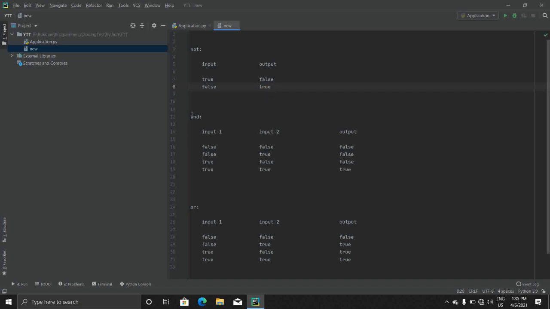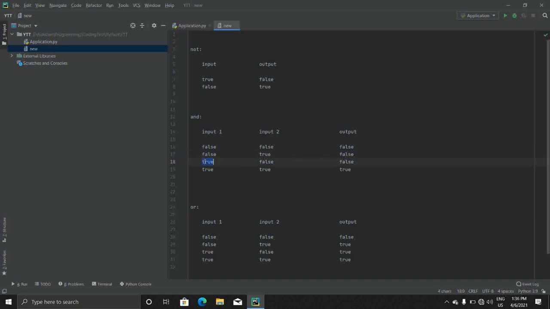Now let's move to the AND Boolean operator. This AND Boolean operator has two inputs and one output. When those two inputs were false, it gives us false. And if input 1 was false and input 2 was true, it gives us false.